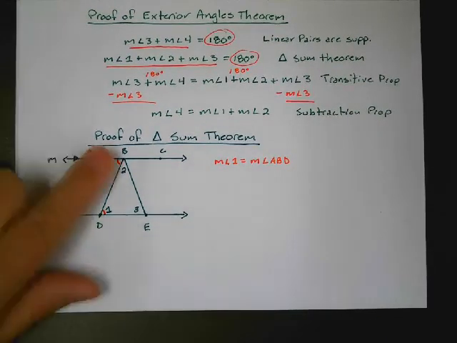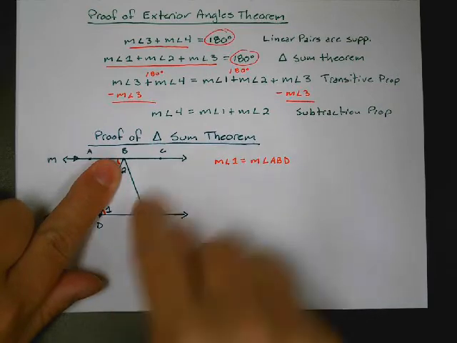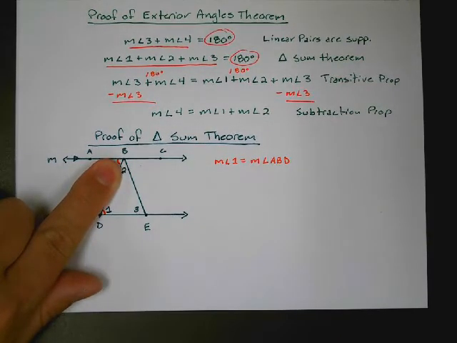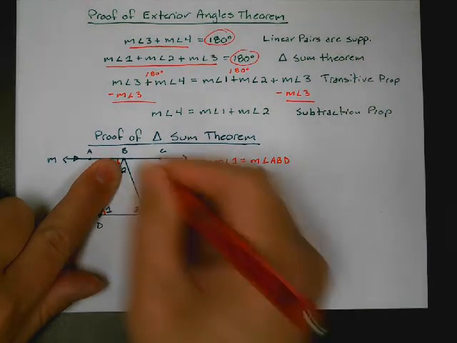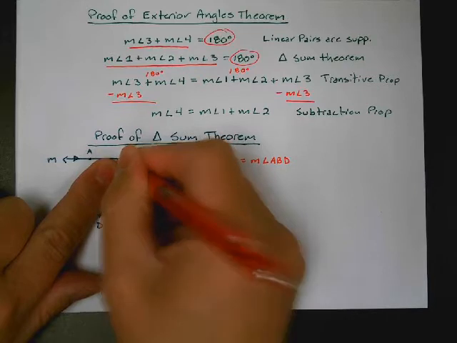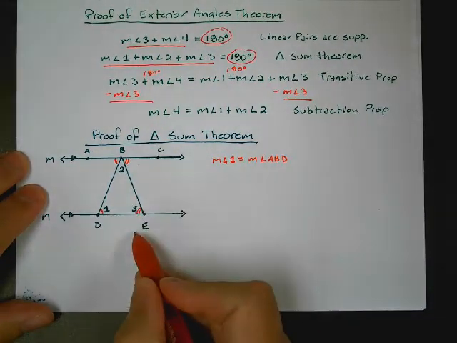Okay, now using this transversal over here, angle 3 and this angle up here are also alternate interior angles. And since the lines are parallel, we know that alternate interior angles are congruent. So these two angles have to be congruent because they're alternate interior angles.